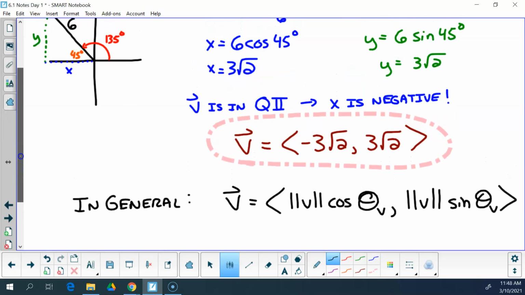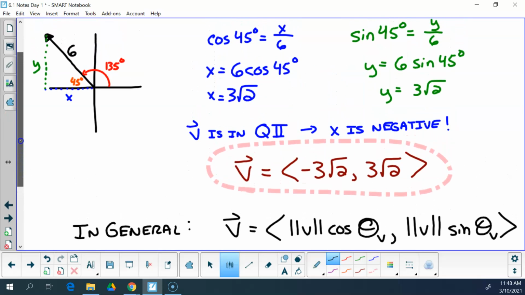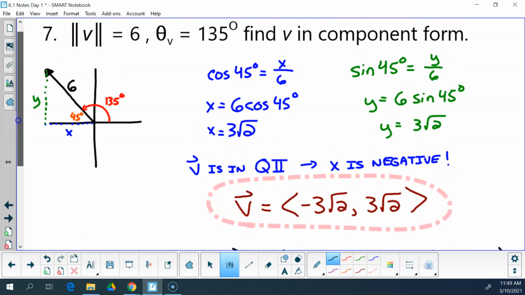Which makes it easier because we could have gone way back up here. We could have gone right to this, and we could have said that v here is 6 cosine of 135 degrees, comma 6 sine.